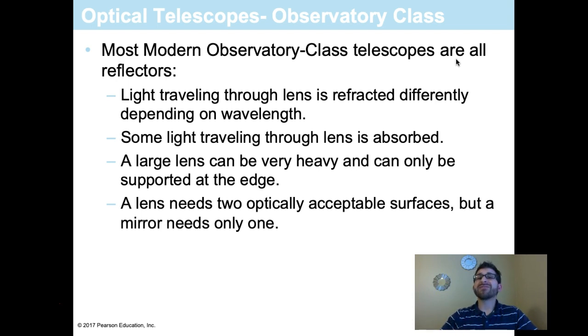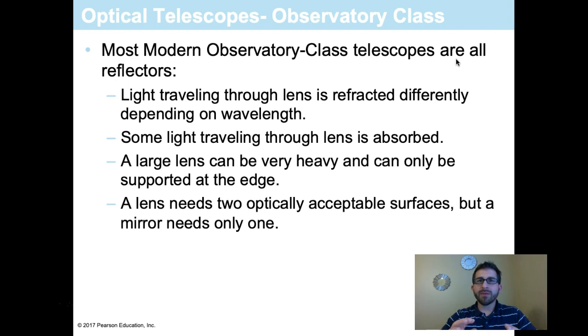Third, these lenses become extremely heavy. So we really need to be careful as we go bigger that the lens actually can sag under its own weight, and that means it's being distorted. And finally, these need to be of the utmost perfect surfaces.